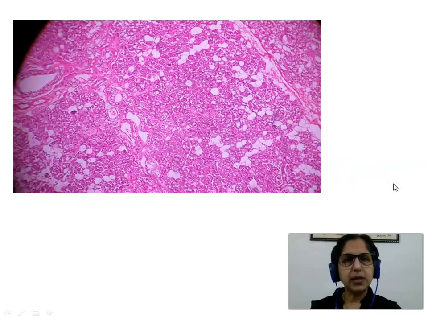What we see here is a low power view of the slide of a parotid gland. What we see here are predominantly serous acini along with the ducts and a few adipose cells in the connective tissue.